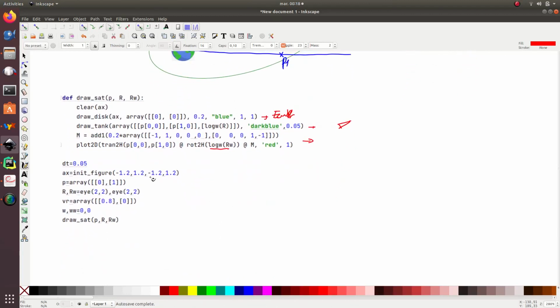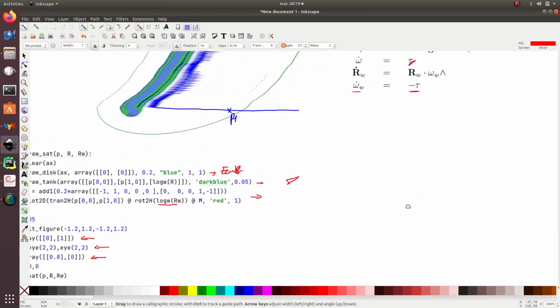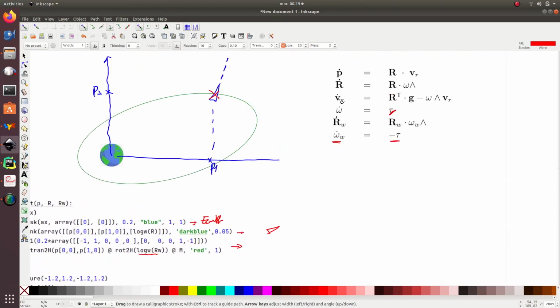To draw it, I will first initialize the position of my robot, and the two rotation matrices for the wheel and for the satellite, to identity. Here is the speed of the satellite inside its own frame. VR is the speed of the satellite, but the expression is given in its own frame, so it should be like this.